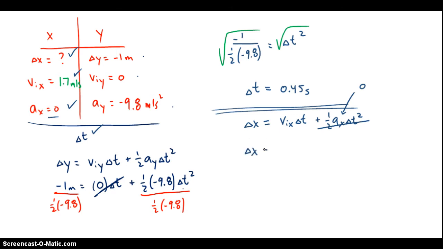What I'm left with is delta x is 1.7 times the time that I just found. That gives me 0.765 meters.